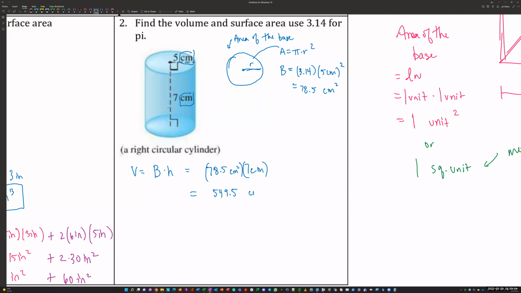So you have to say centimeters cubed or cubic centimeters. Does that make sense? Yeah. Question? Nope. Everybody okay with this? Yeah.